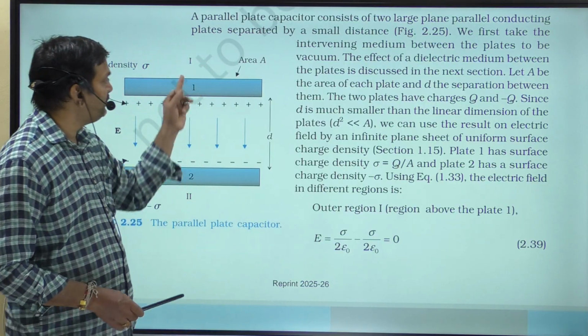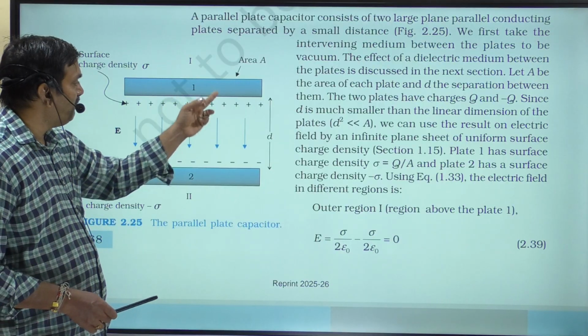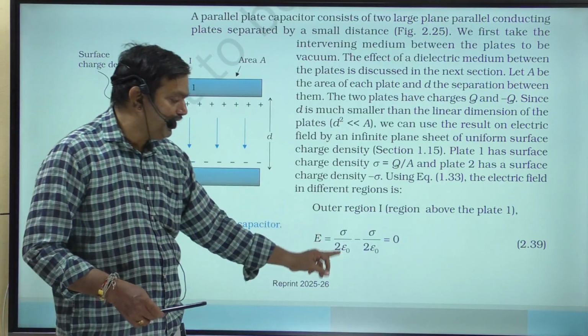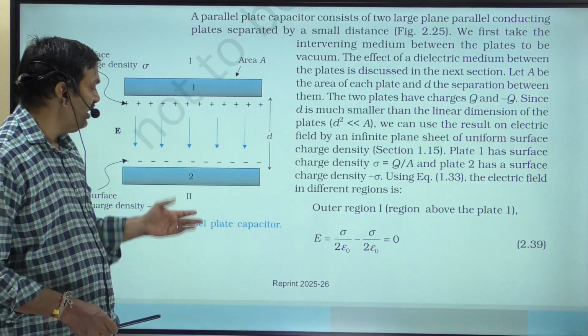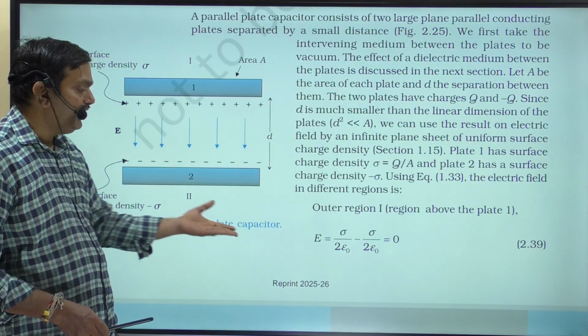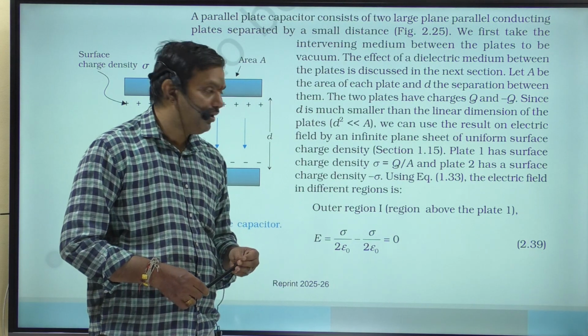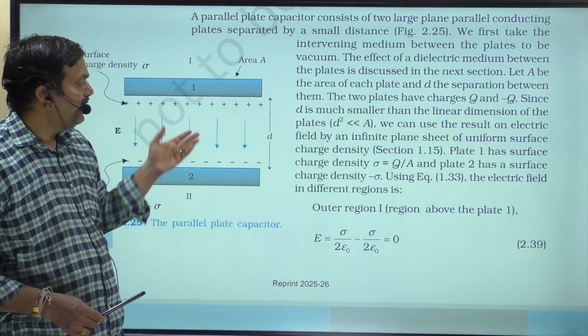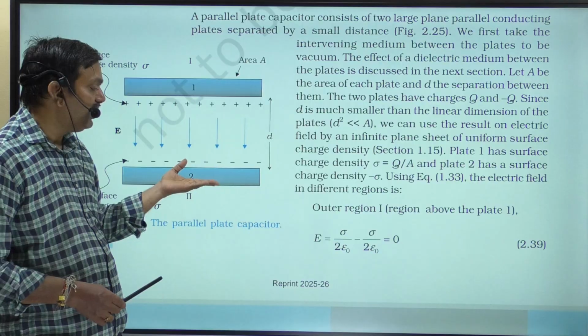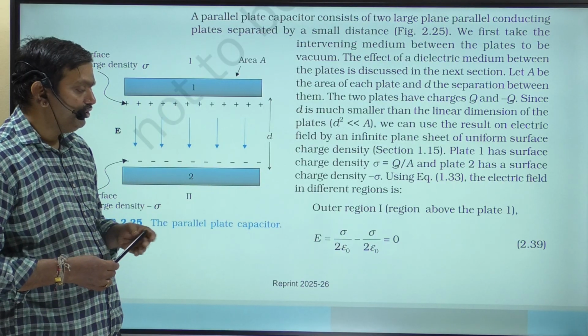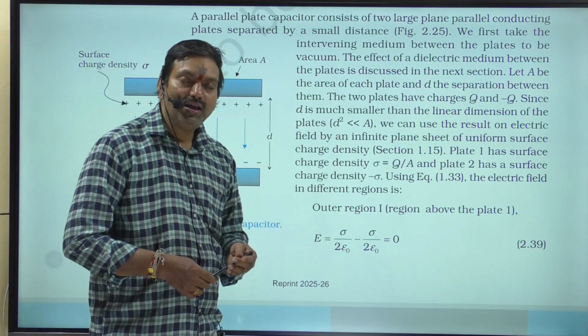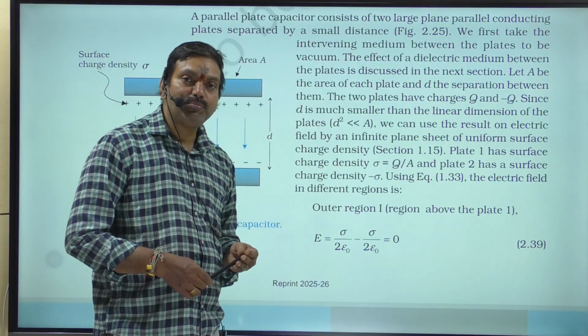And if that is the case, when you consider region 1, because of the positive charge, this is going to be the electric field. And due to a negative charge, it is going to be the other one, that is minus sigma by 2 epsilon naught. So these two get added here. One is because of positive charge and one is because of negative charge. So obviously these two will cancel each other's magnitude.